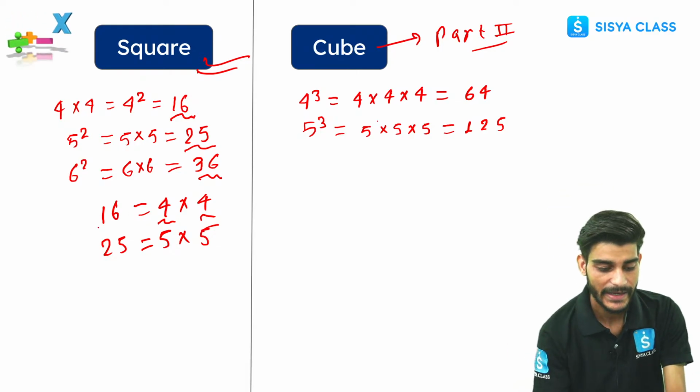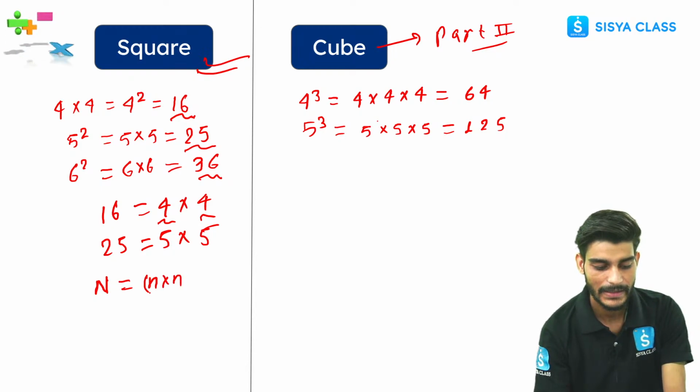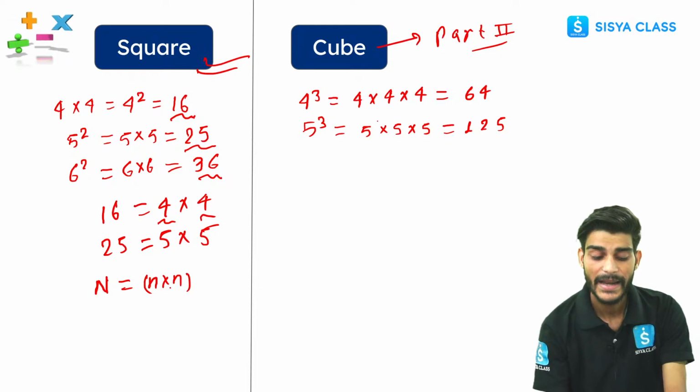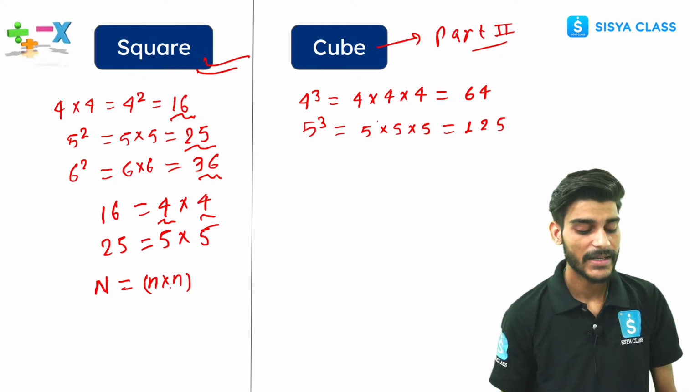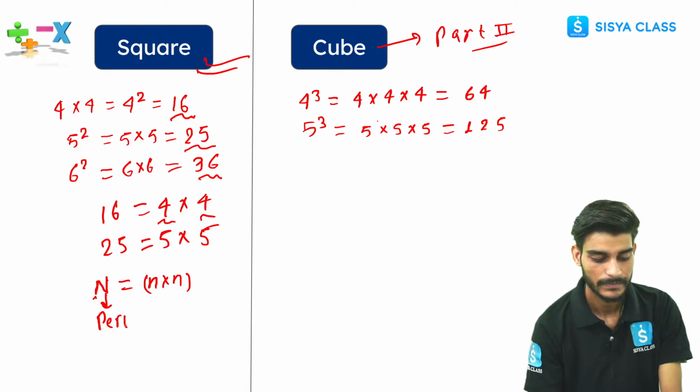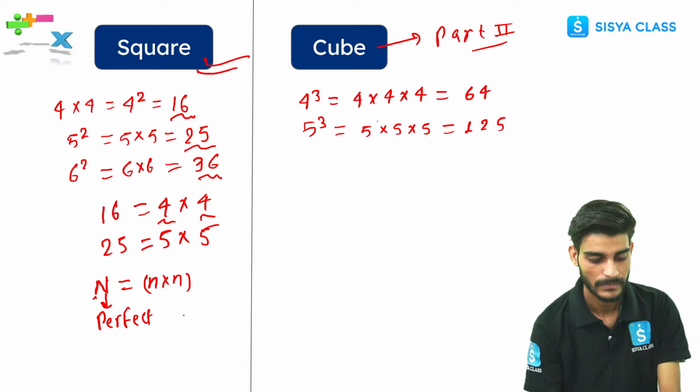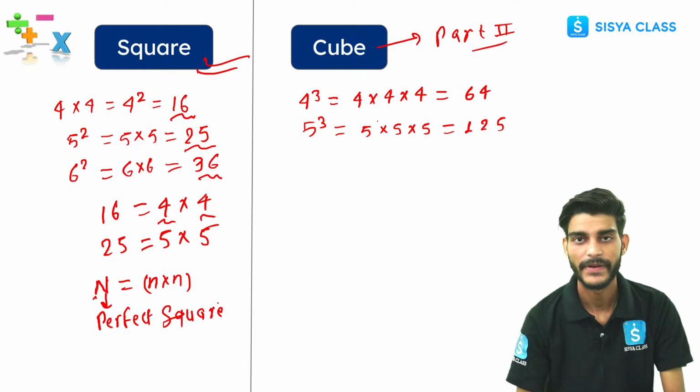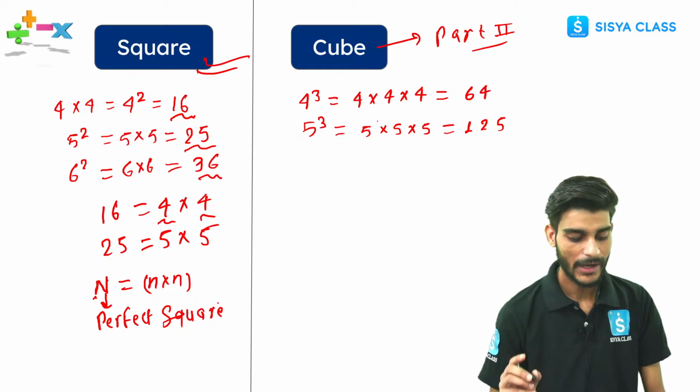Means if any number, let's say the number is n, and I multiply n into n, where n is a natural number, then capital N will be a perfect square. Clear? I hope it is clear to you.